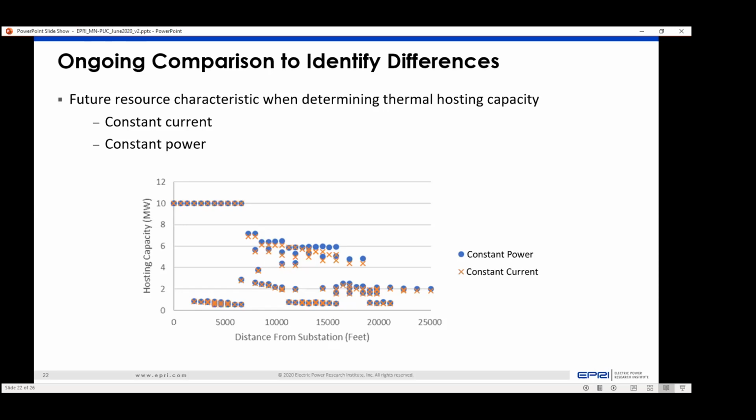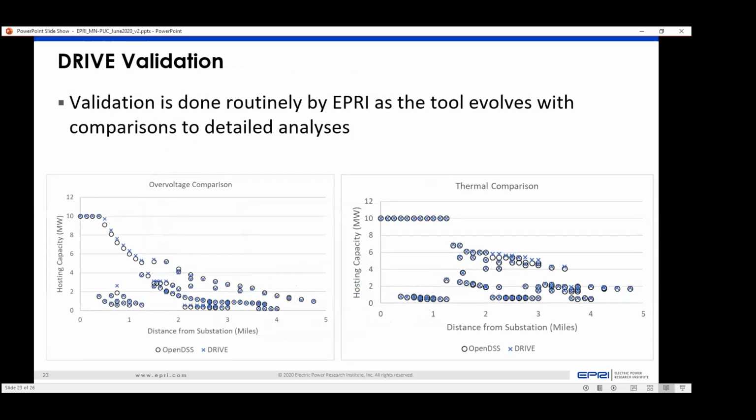And this ongoing comparison needs to be done just to better understand how vendor software tools are doing hosting capacity, one versus the other, put it that way. Now, on a side note, what is also really important is the individual validation of the tool's methodology itself.